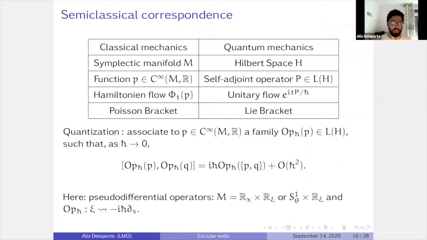And quantization means that each time you have some psi, you replace it with differentiation with respect to x. That's what we did previously. The magnetic energy, psi minus a of theta, squared, corresponded to the magnetic Laplacian, minus i h bar d_x plus a of theta, squared.